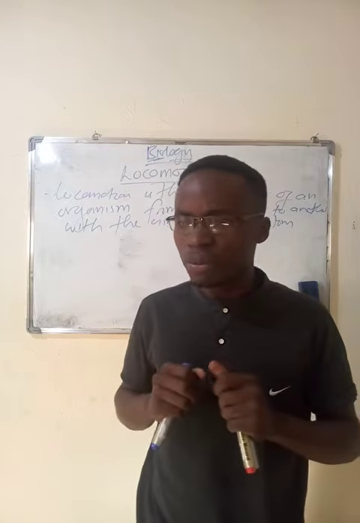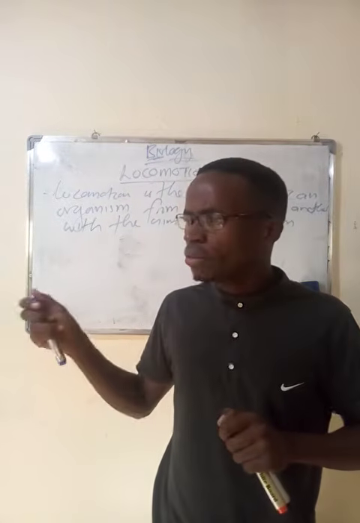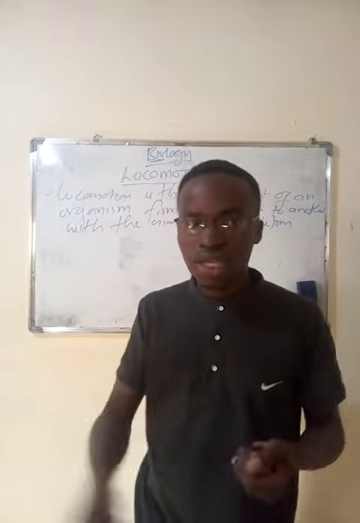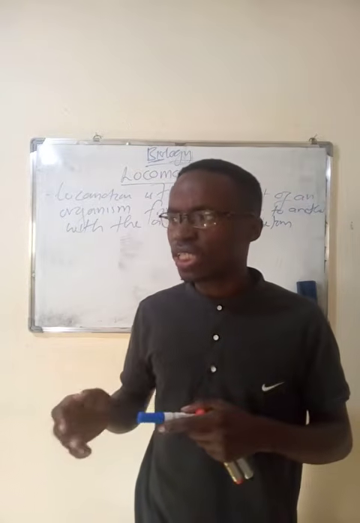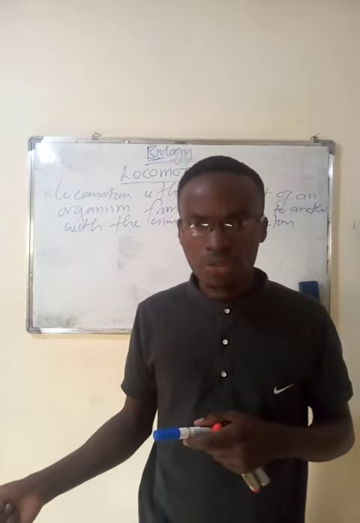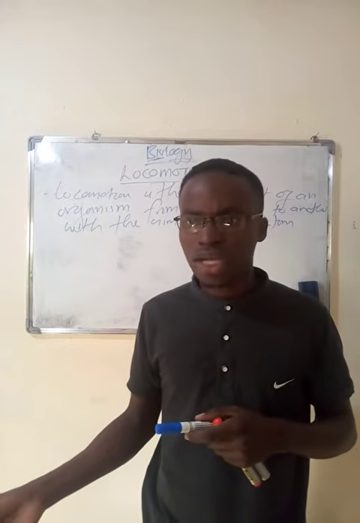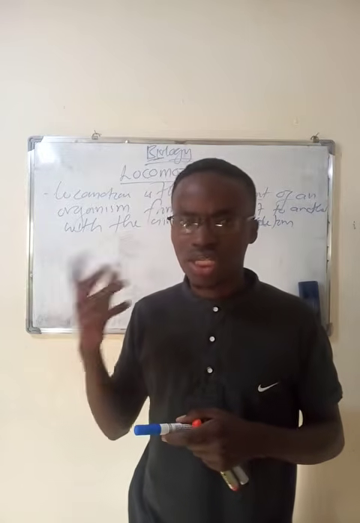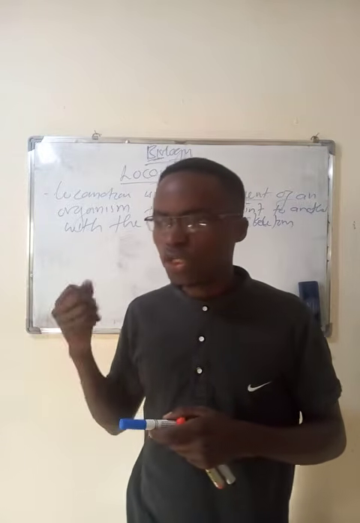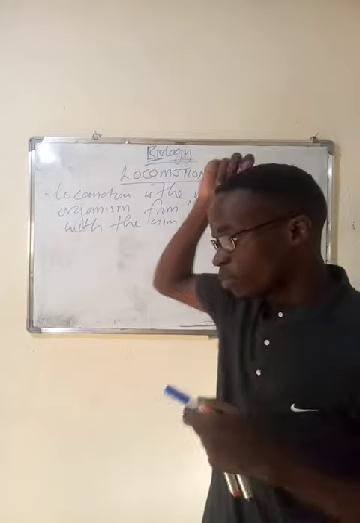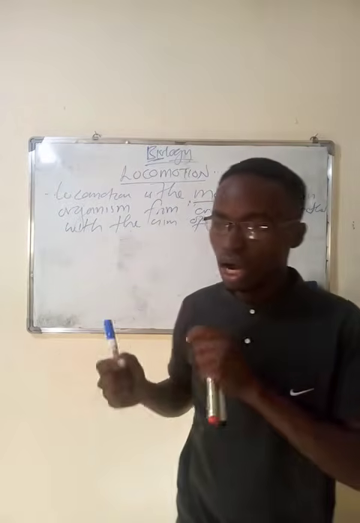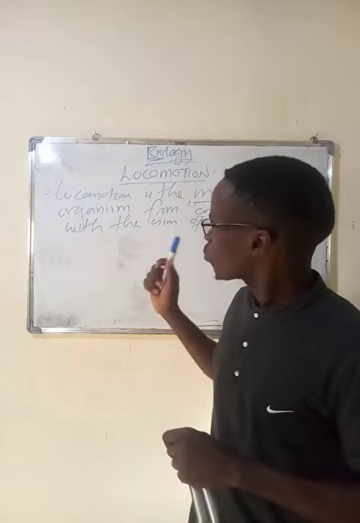For example, my hand is like this, I move it this way, it's voluntary. I decided to do that. But if I touch a hot object, I'm going to move my hand without even thinking about it. That is involuntary, right? So movement may be voluntary or involuntary, while locomotion is mostly voluntary, all right?